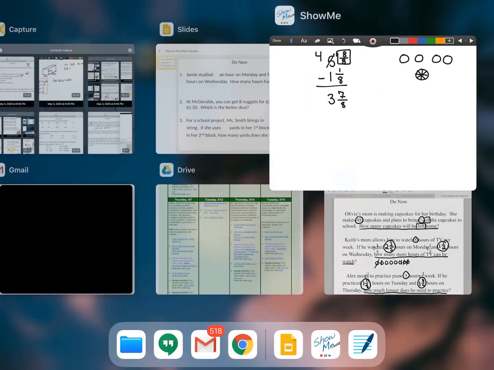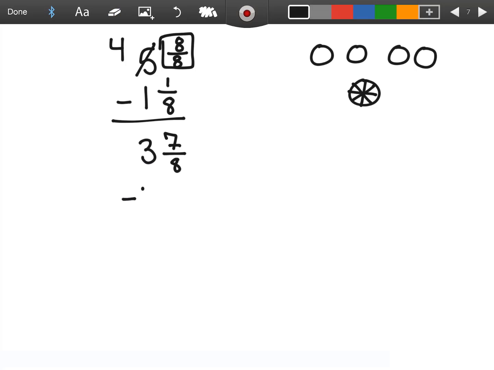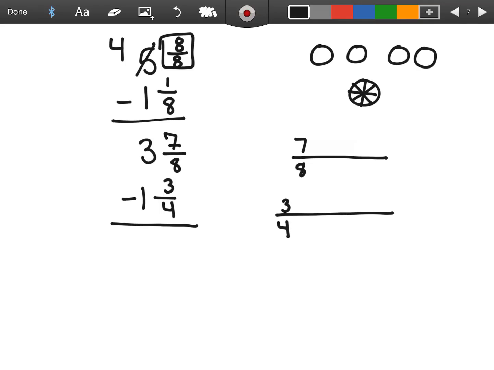So now we need to take away 1 3/4. These do not have a common denominator, so I need to make my bar charts. So we're going to count by 7s just a few times. 7, 14, 21, 28.